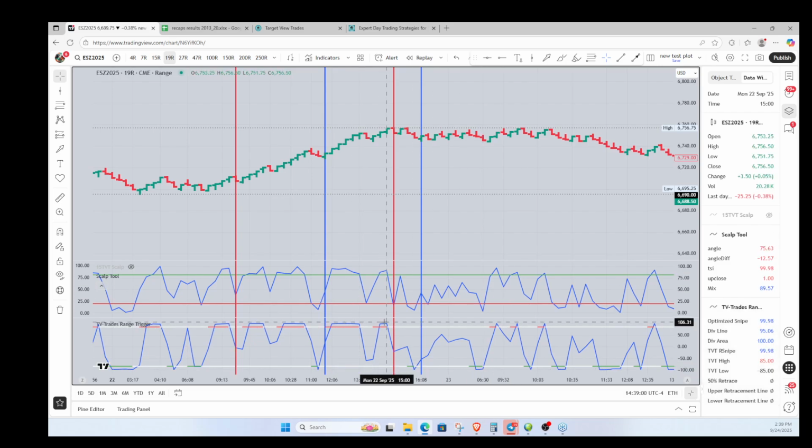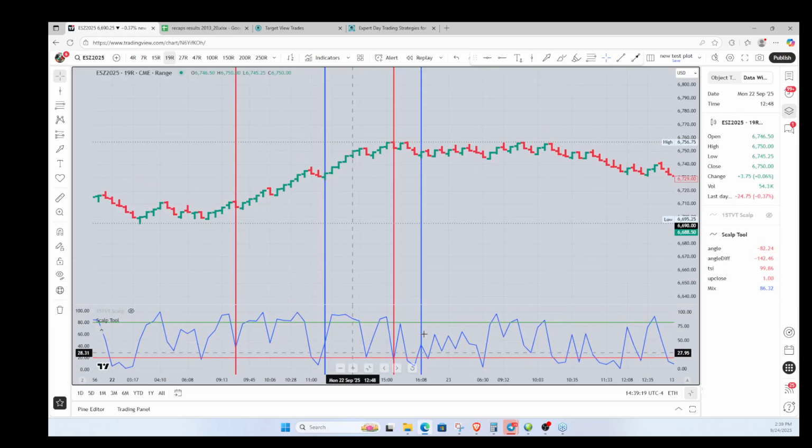If it goes flat like that, and you have an up close, sell the next bar. Now the places you're going to run into trouble with that is when you have multiple flat spots like that. That's going to be in a strong trend when that happens. But that's one way that you could do this with just the regular trigger. But I would just hold out and wait for the scalp tool, because this is better.